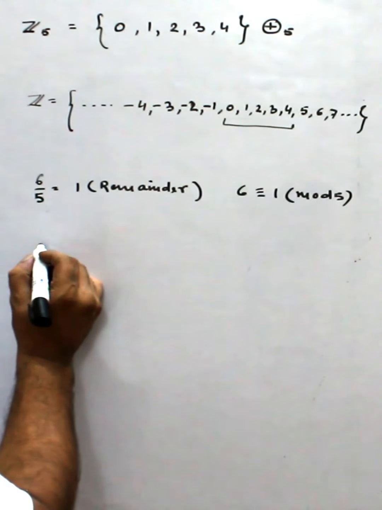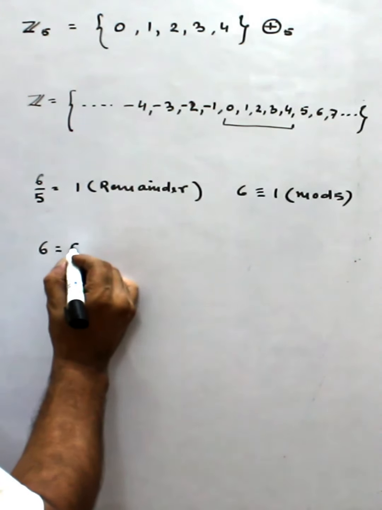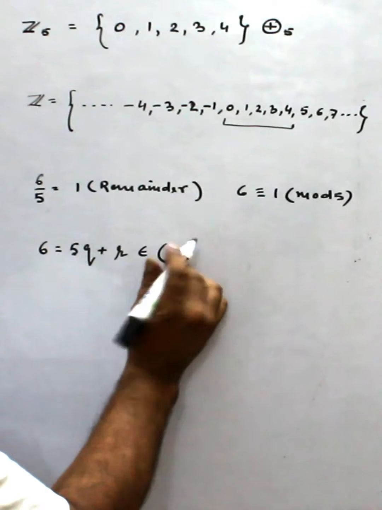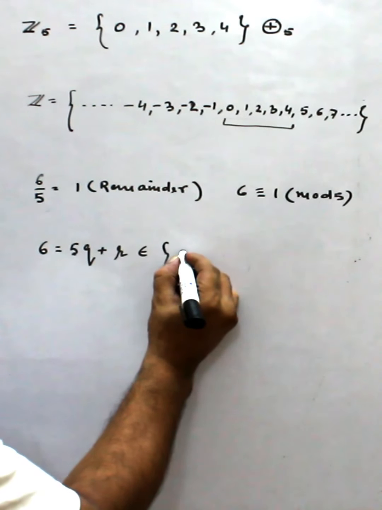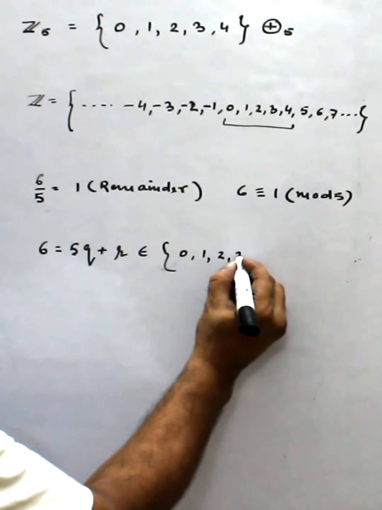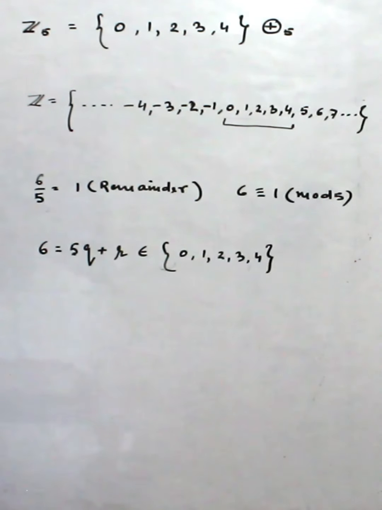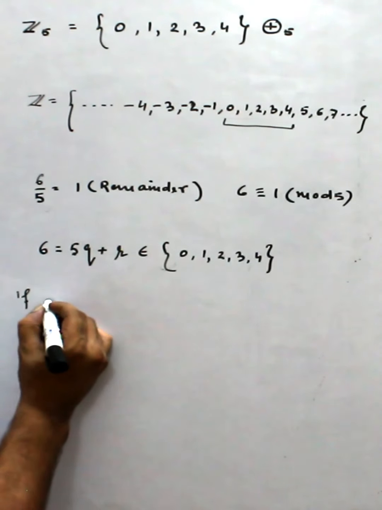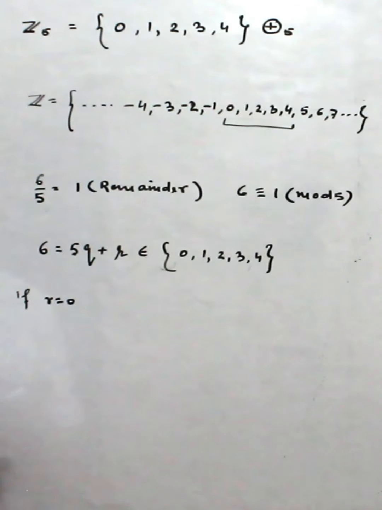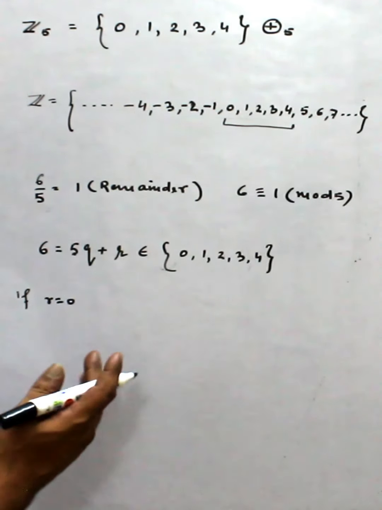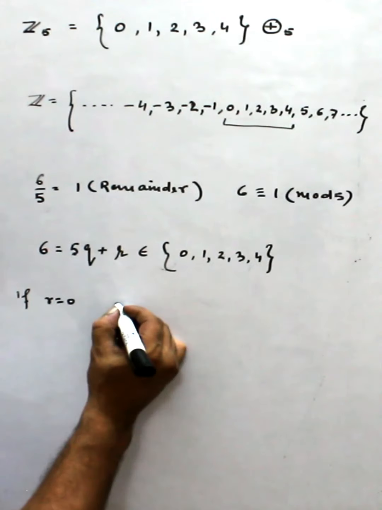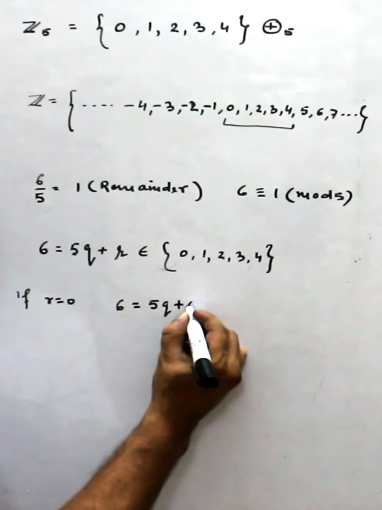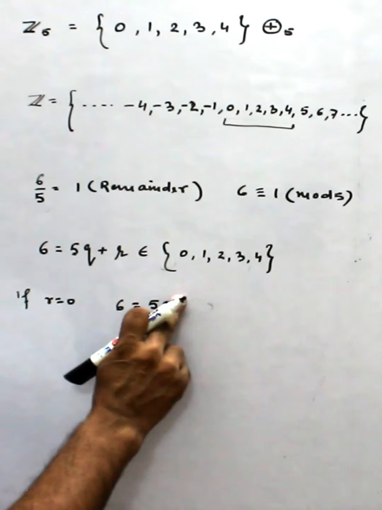Otherwise, by division algorithm, I can write 6 is equal to 5q plus r, where r belongs to the set 0, 1, 2, 3, 4. Now, if I take r as 0, I am just taking a wrong value, then this equation becomes 6 equal to 5q plus 0. So this has no meaning, we remove it.